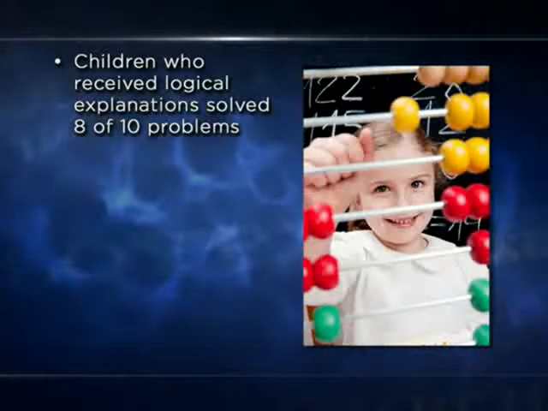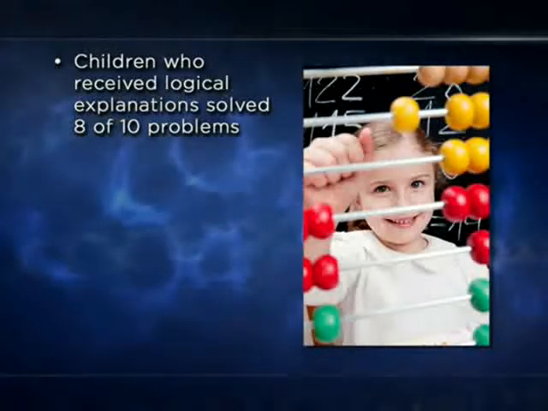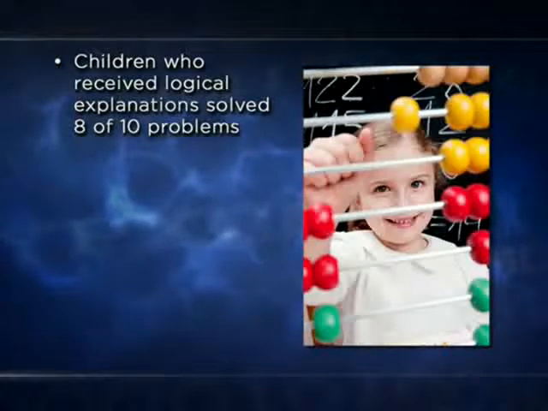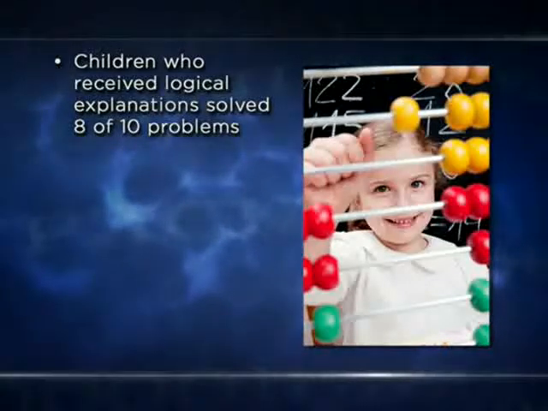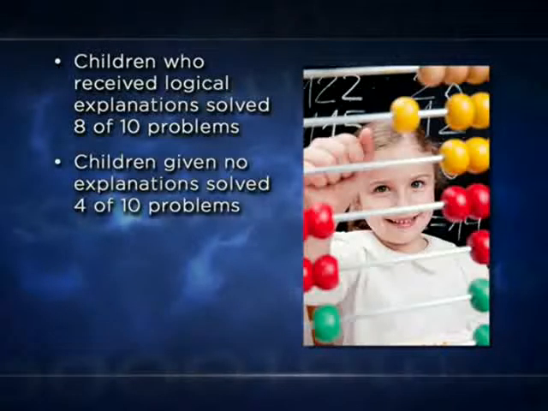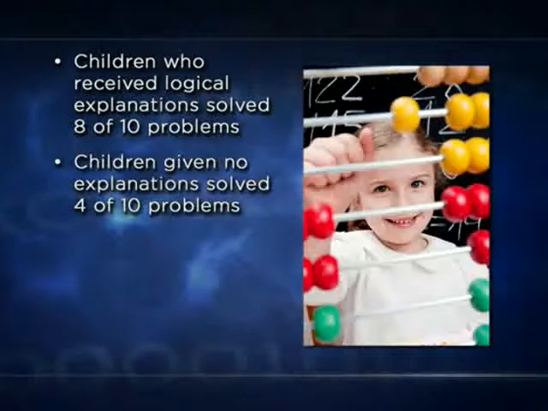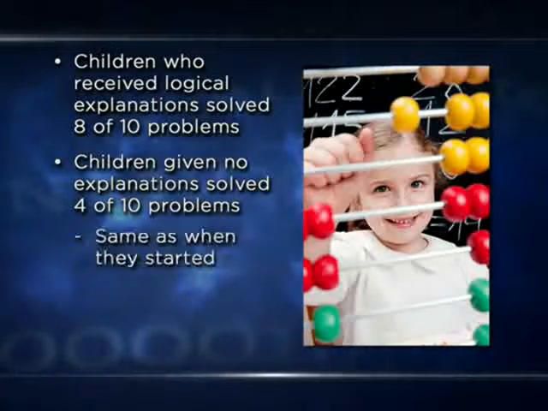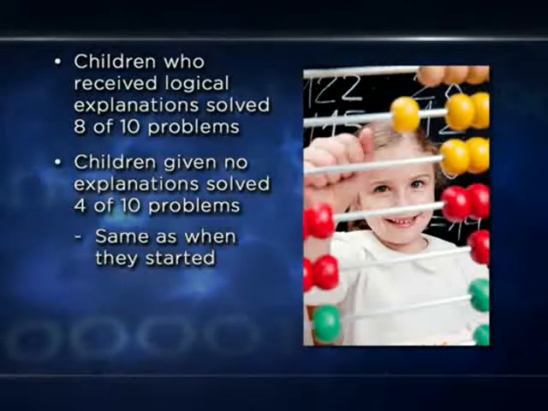If you looked at the results of this study, you would see that by the 3rd session, children who had received logical explanations, whether or not they had also seen an empirical explanation, were successfully solving 8 out of the 10 problems. Children who were given no explanations were still only solving about 40% of the problems correctly, about the same as where they were when they started.